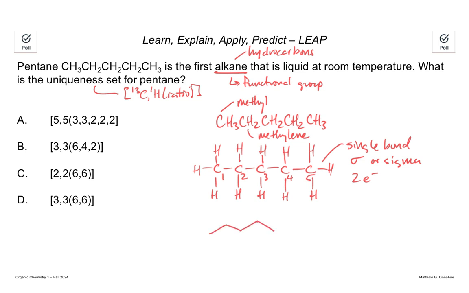So that's how we would draw pentane in this course. This is the start of the chain right here. And then this right here, that's the line, that's the bond. And where 2 of these lines meet, that vertex, that's another carbon atom. So we have 1, 2, 3, 4, 5.